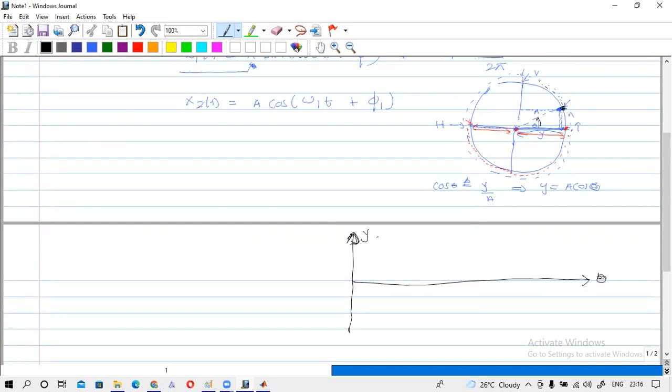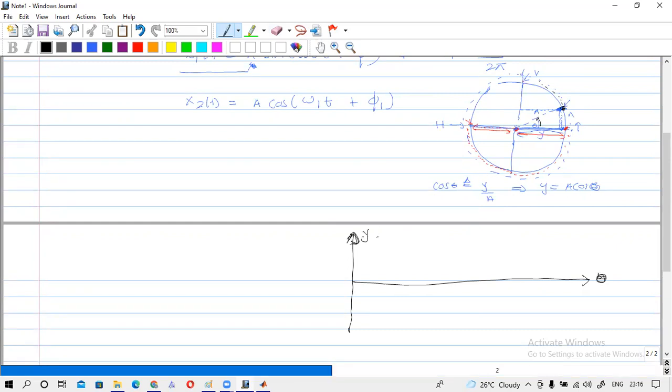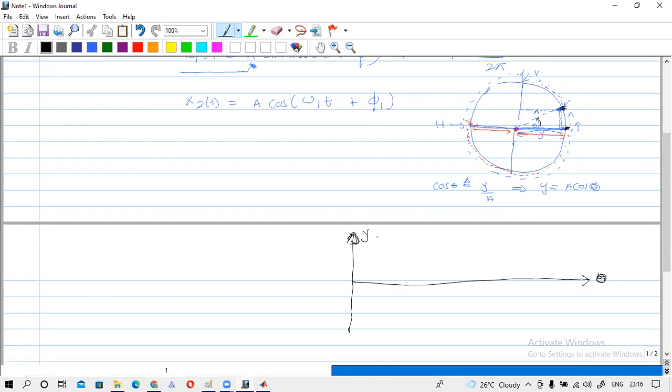According to the theta, the amplitude y is changing. So this y will generate a cos signal. At the beginning, when theta is equal to 0, this line is completely on this axis.